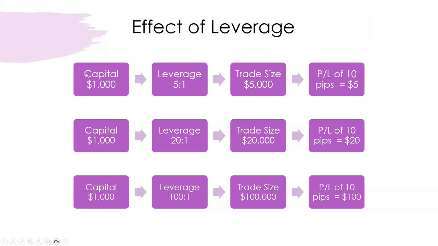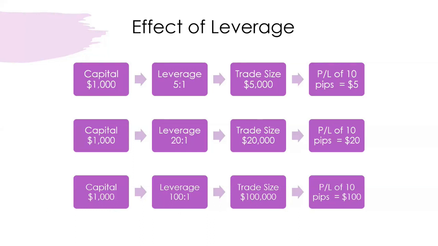It's not going to affect your capital too much. If you trade $100,000 and you lose 30 pips, now you lost $300 in just one trade, and now your capital is down to $700. That hurts. You can also make $300, but the problem is what happens when you lose $300. That is the motivating factor why you don't want to use 100:1 leverage.